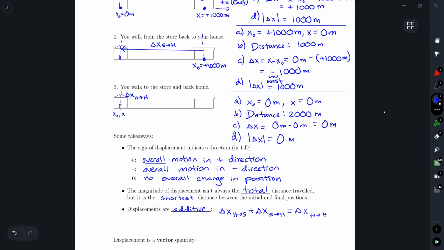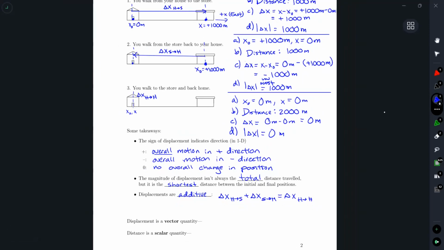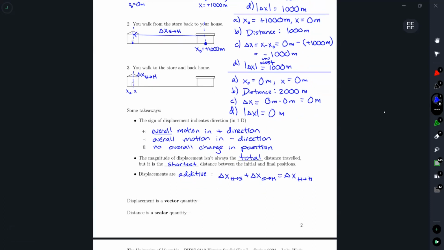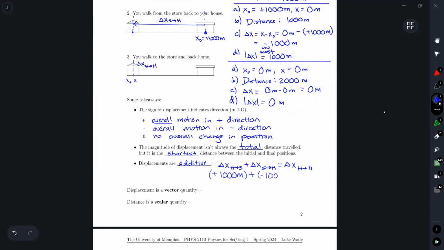All right, is that really true? What did we say my displacement was from my house to the store? 1,000 meters in the positive direction, right? 1,000 meters east. When I went from the store to my house, what was my displacement? 1,000 meters west or negative 1,000. Yep. Okay, I can see that adds up to 0. Was that my displacement from my house to my house? Yes.